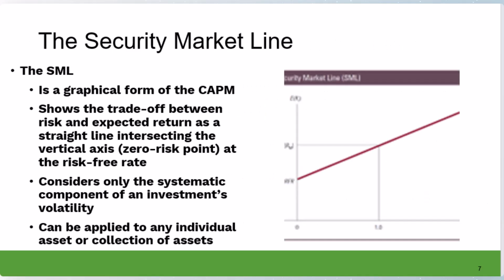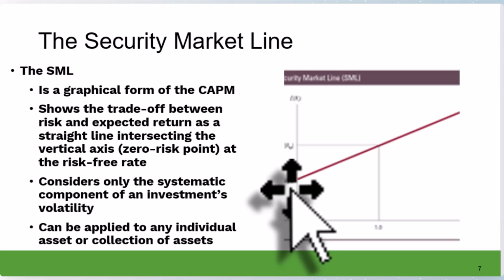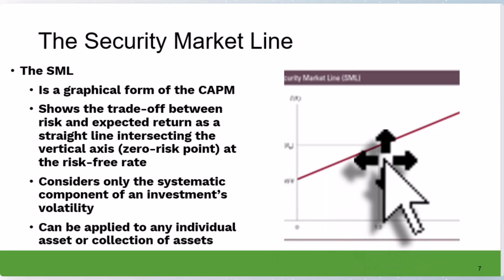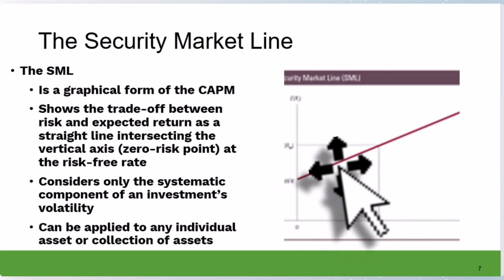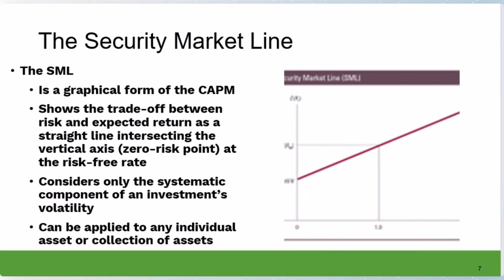So let's look at some of these relationships, if you will. So here is the security market line in a graphic form. Here's our risk-free rate. At beta 1, the rate of return on this line is the return on the market. So we have this nice straight line. It shows the trade-off between risk and return.